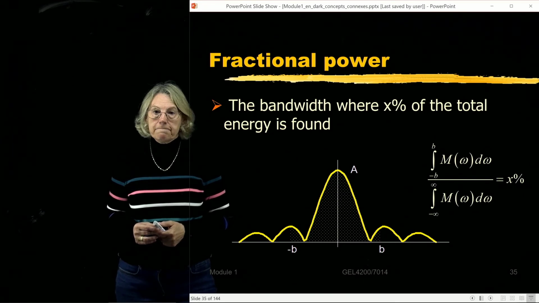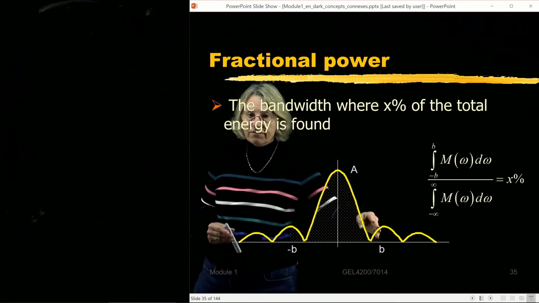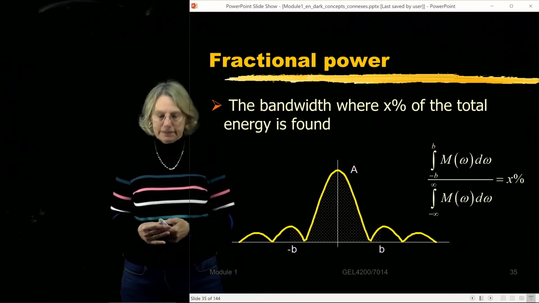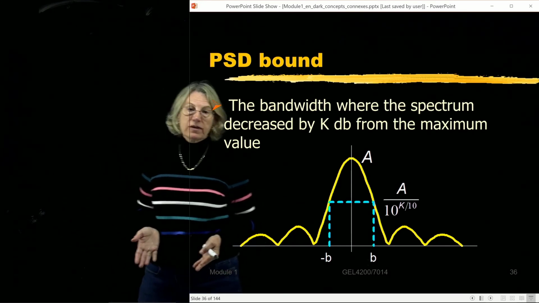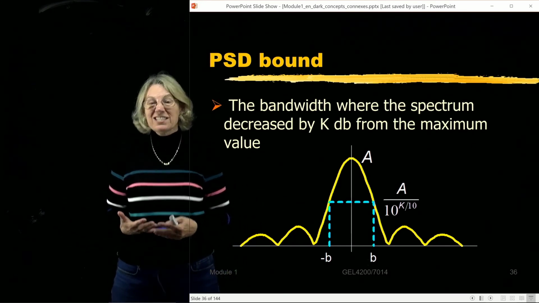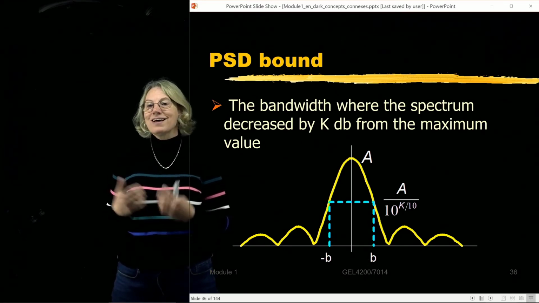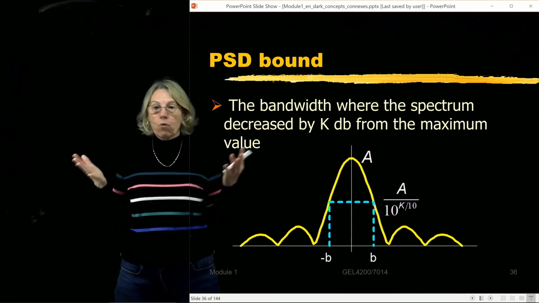So this is less dependent on the roll-off and more determined by the total area under the curve. I said 3 dB bandwidth was one definition, but it doesn't have to be 3 dB. Suppose I want it to be 6 dB or I want it to be 10 dB. And this could be, for various reasons, more appropriate.